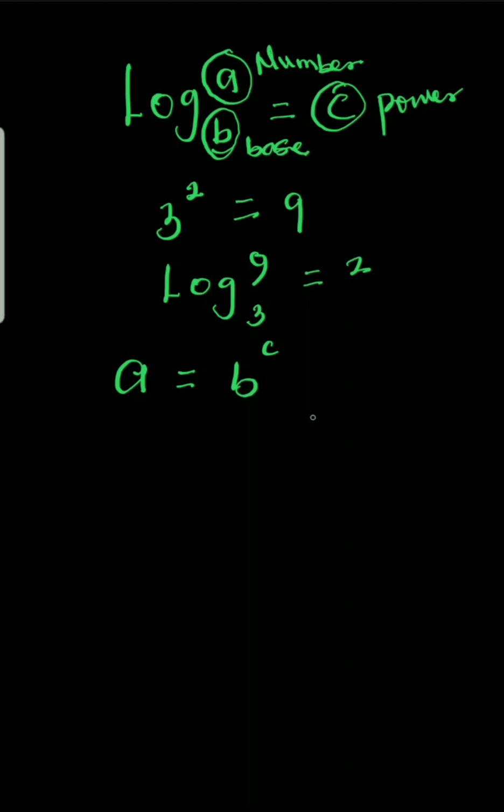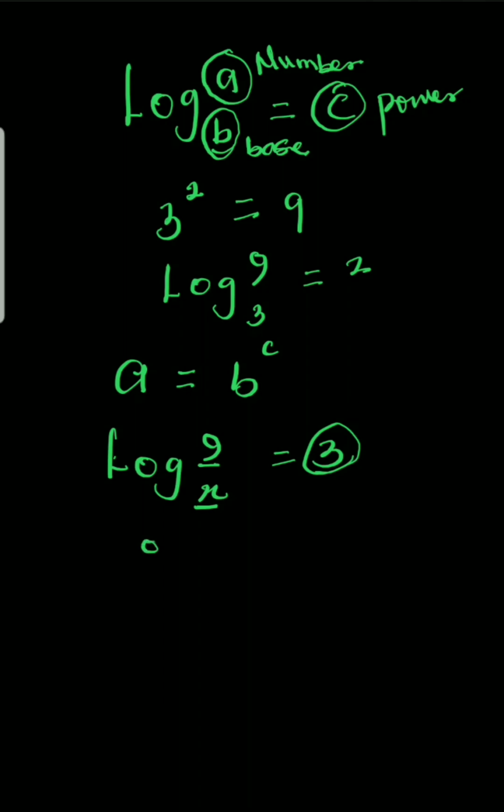All right, let's take one other illustration. Let's say log 9 base x equals to 3. To solve this expression, there are different ways of solving this, but let's just write this in the index form. The number is 9. This is the base, and what you have here is the power.